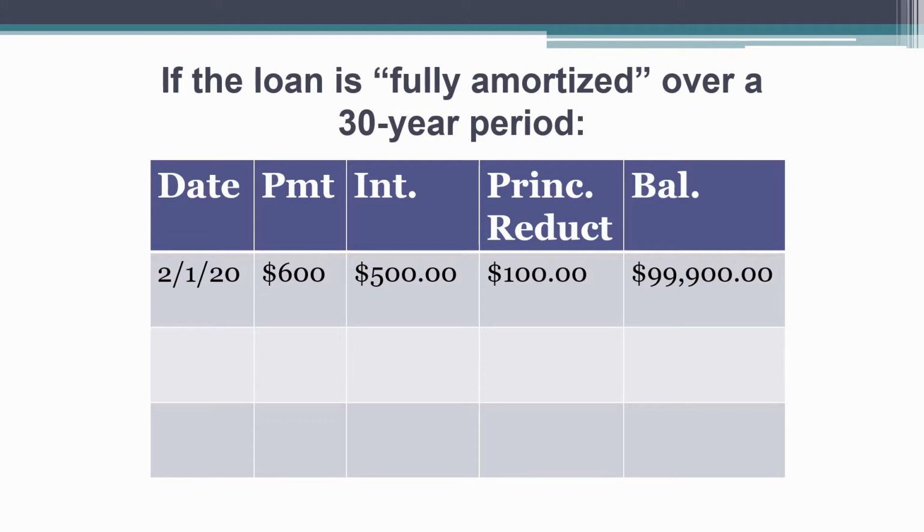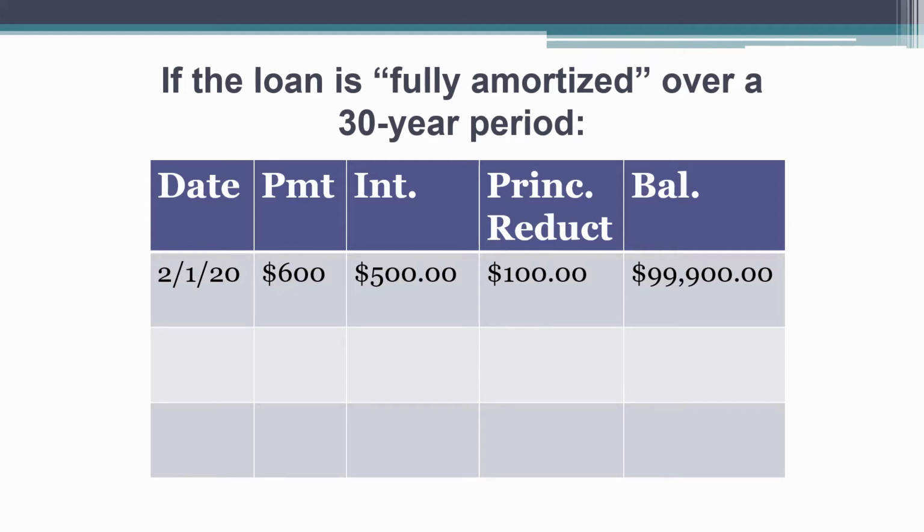We make a payment of $600, but if you do the math, and you can almost do it in your head, 6% per year is 0.5% per month, and 0.5% of $100,000 is $500. So we owe $500 of interest on the 1st of February, and that means we've got an extra $100 to use to reduce the principal on the loan.